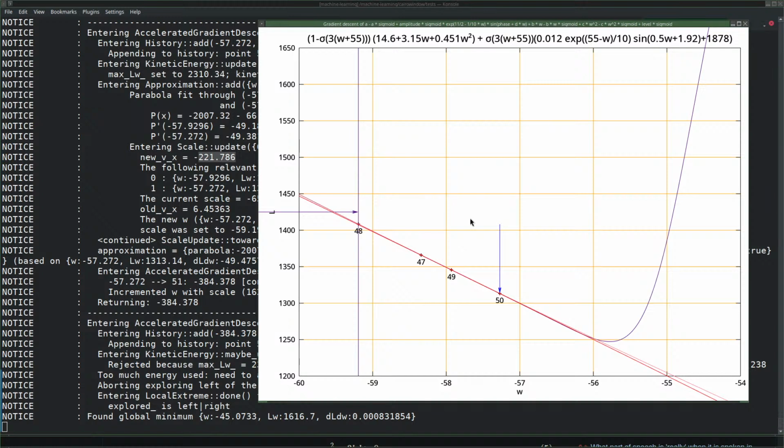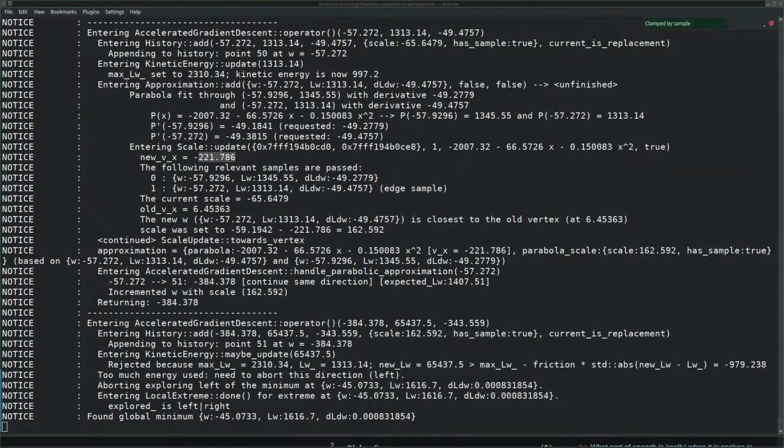But what is definitely wrong is that it did not ignore the vertex of this problem fit. It jumped there, right? No, it's a continue in the same direction thing. Okay, it did ignore the fact that it is a vertex.